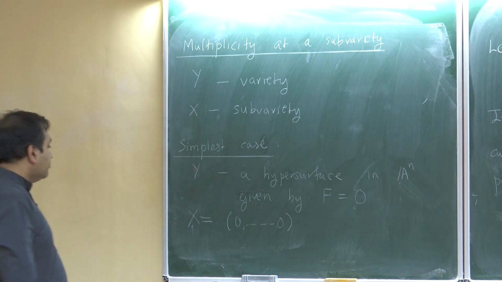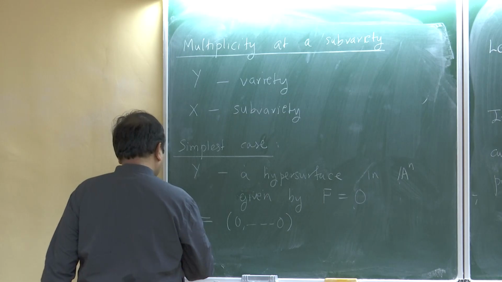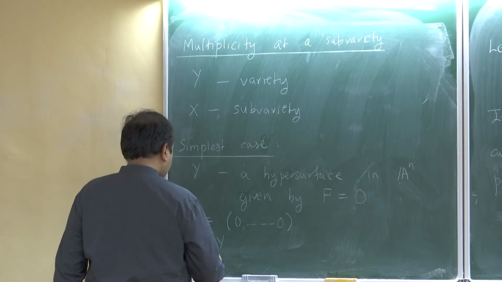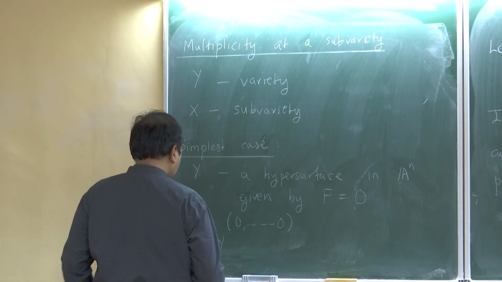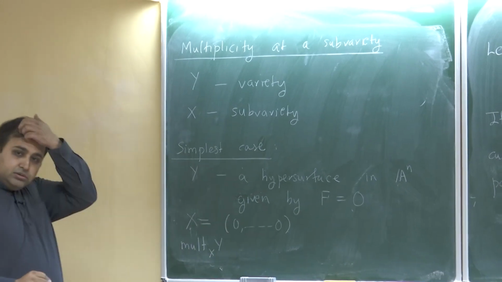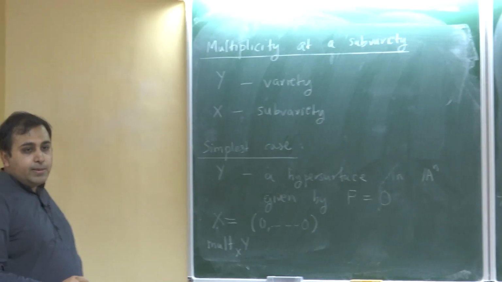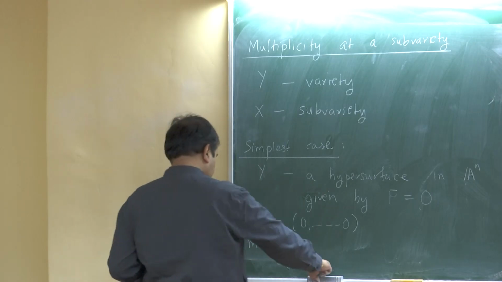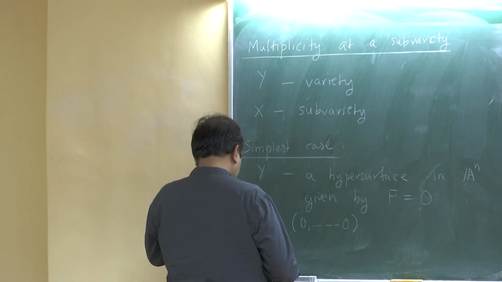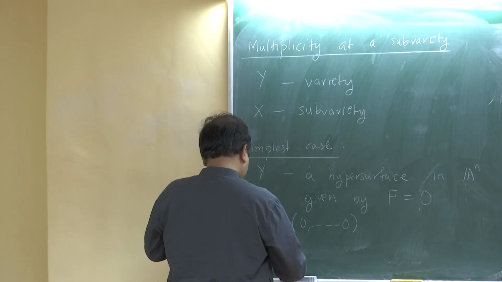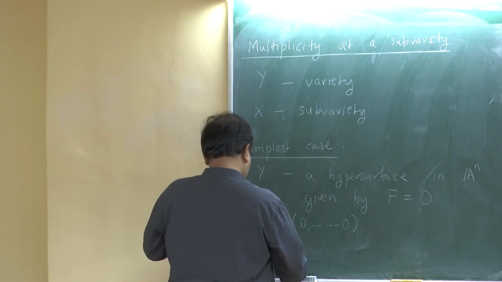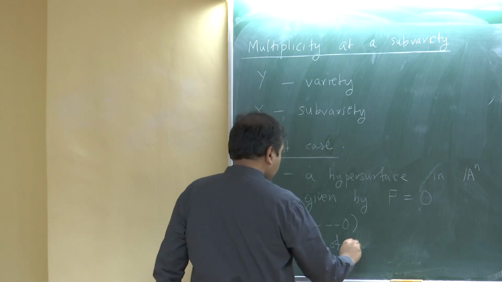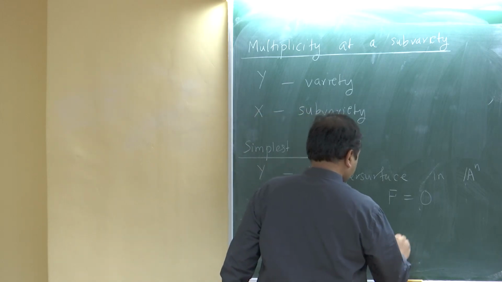So then, the multiplicity of y at x, how should we define this? Since I have also written geometric multiplicity, let me say multiplicity of y at x.